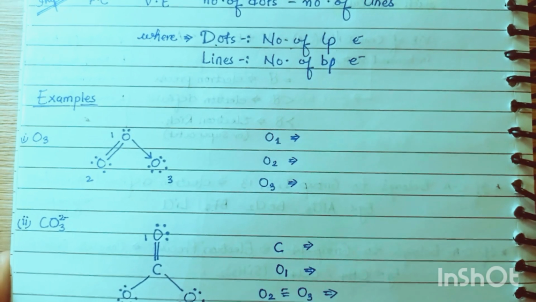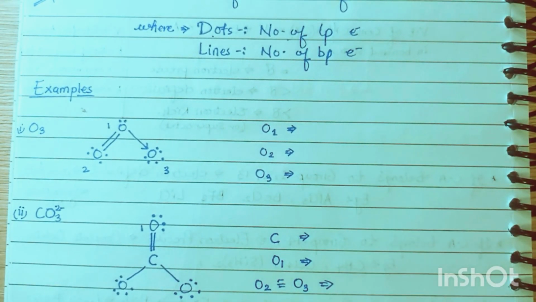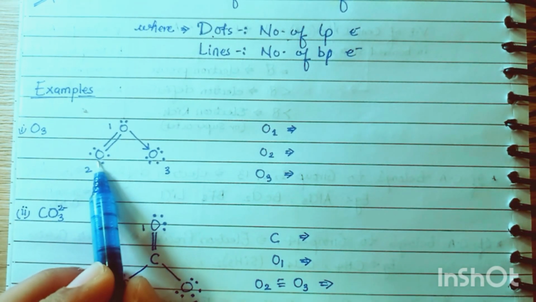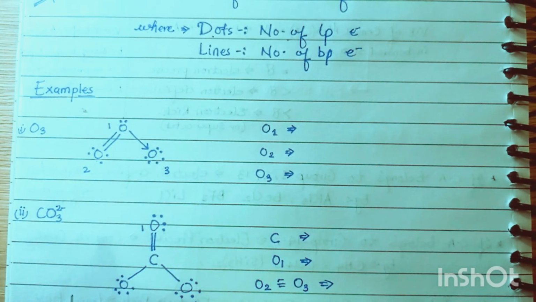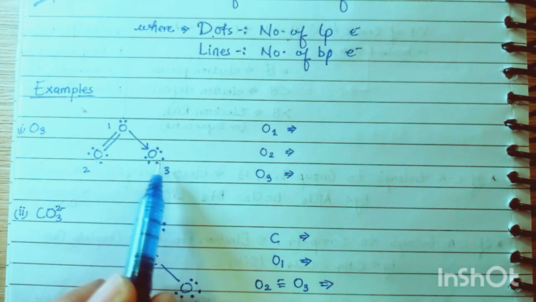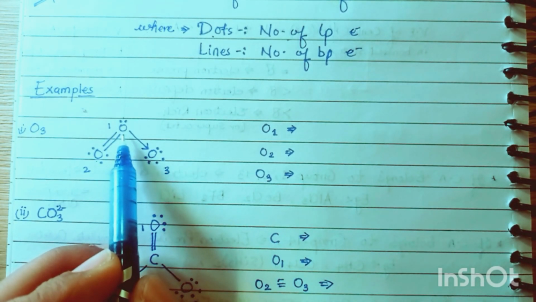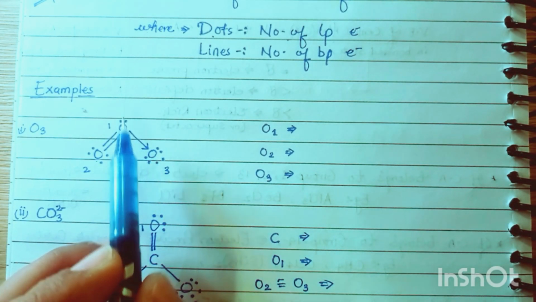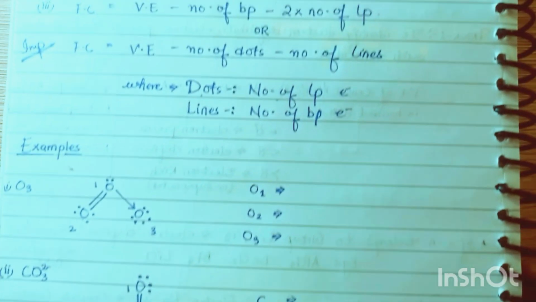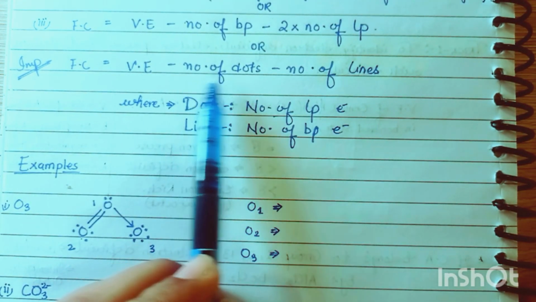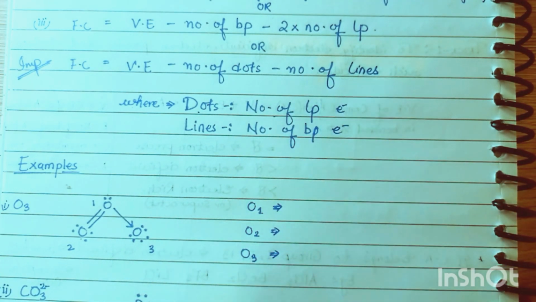How can you calculate the formal charge of the ozone molecule? As I told you earlier, it is not the charge of the ozone molecule. It is calculated separately for each of the 3 different oxygen atoms. First, we calculate the formal charge of oxygen 1, using my best trick: valence electrons minus number of dots minus number of lines.